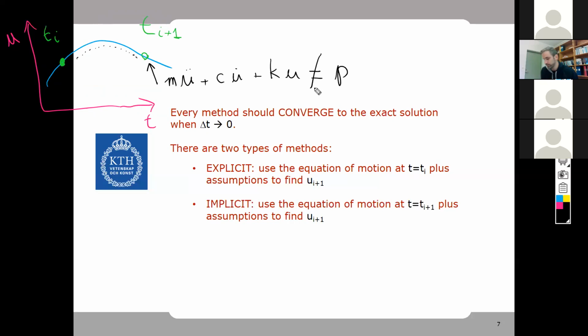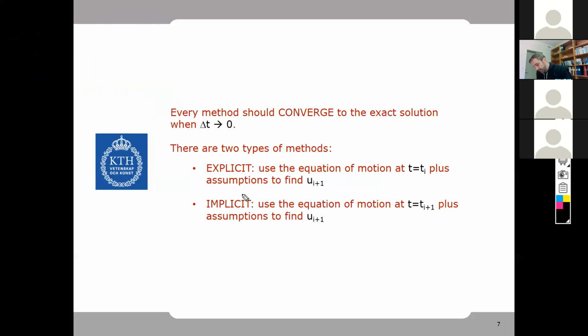It will not be true. Hopefully, if our method is good, the two sides will not be very far away from each other, so it will not be a horrible difference. But anyhow, it remains the fact that this is not guaranteed. There is no guarantee that we are going to land at a point where this equation is fulfilled. That was an explicit method.